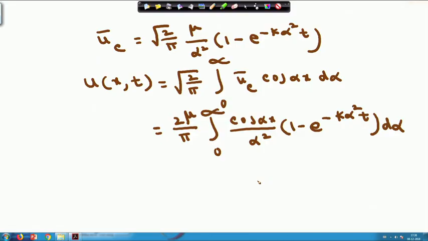Once you are finding the solution, you will get one integration constant. By the given condition, find the value of the integration constant, and you can obtain the u bar in terms of alpha and t. Once I have obtained the u bar, then using the inverse Fourier cosine transform you can write down u(x, t) equals root over 2 by pi, integral 0 to infinity, u bar c into cos of alpha x into d alpha. So, this is the process.